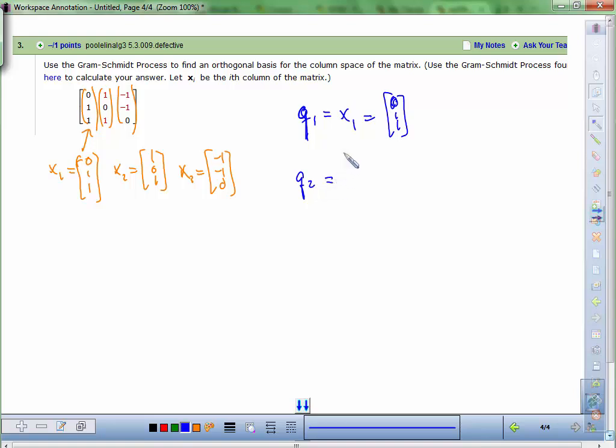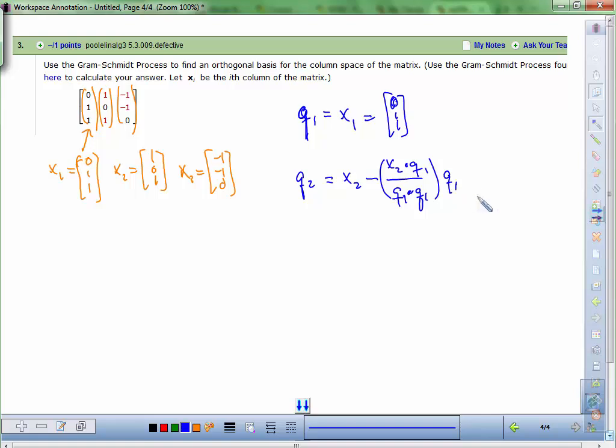Q2, now here's where we start doing the Gram-Schmidt process. Q2 is going to be x2, that new vector, minus the projected vector. So it'll be x2 dotted with q1 over q1 dotted with q1, and that's a scalar times q1.